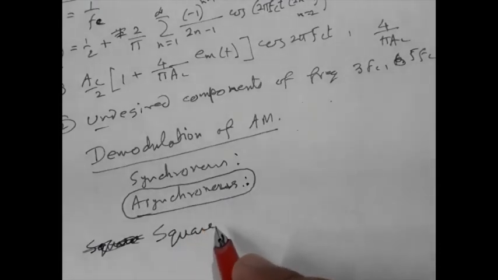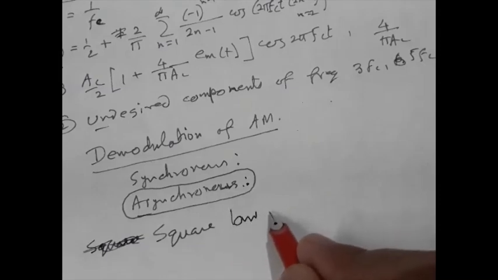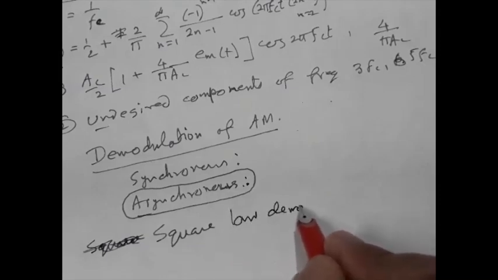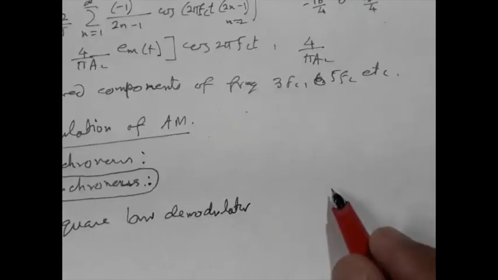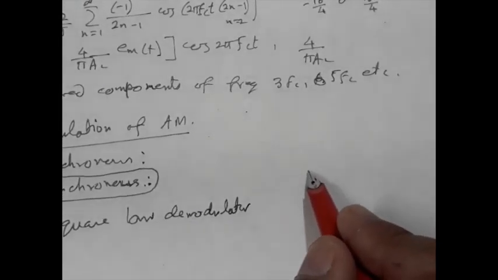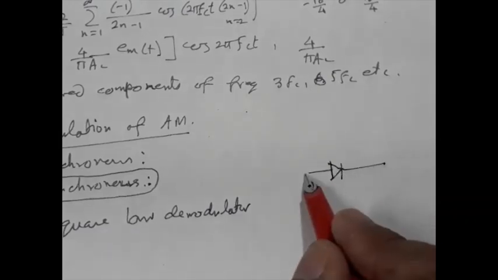First kind of asynchronous detector that we are going to discuss is the square law detector. The basic circuit for square law demodulator is this.